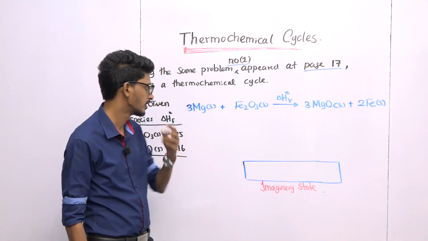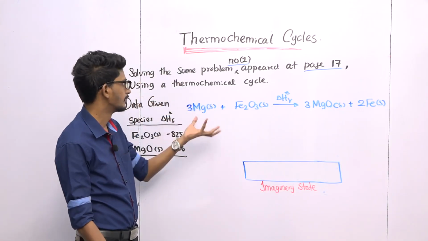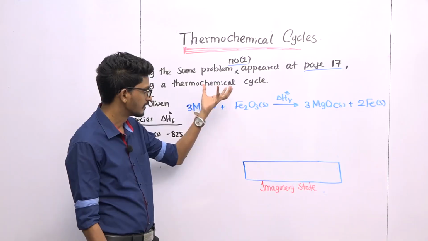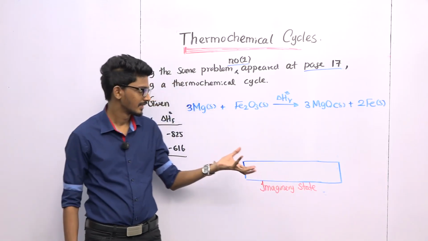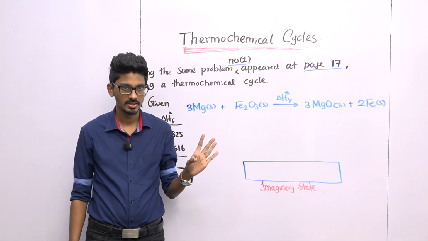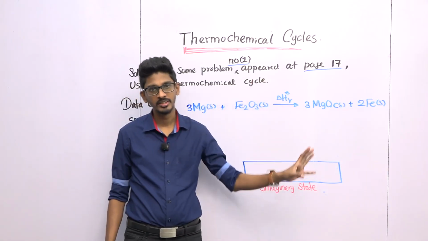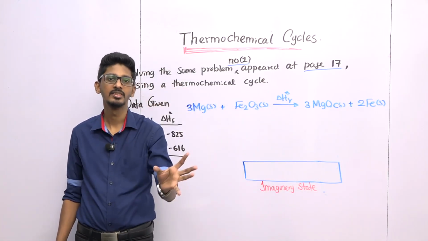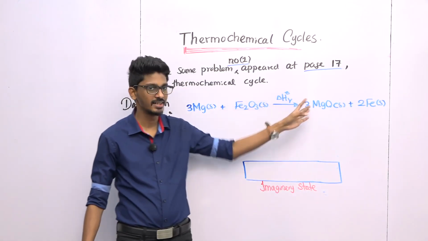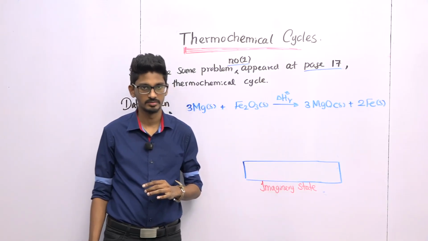And the other thing you should know is that in a thermochemical cycle, we are discussing the same system, right? When drawing a thermochemical cycle, we are discussing the same system, even though different states appear with that same system.